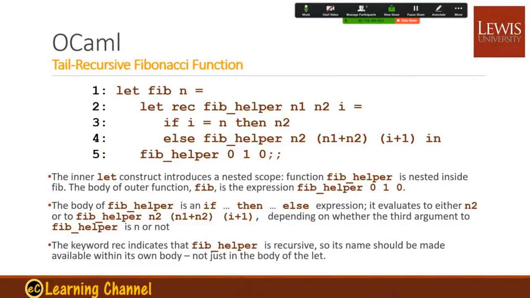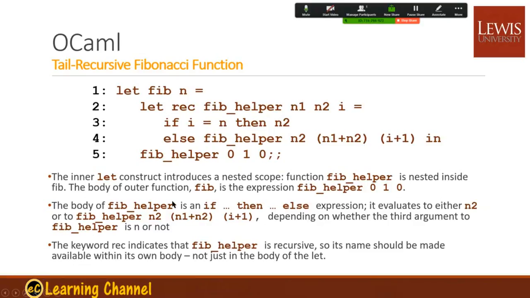Right here we have a tail recursive Fibonacci function written in OCaml. The inner let construct introduces a nested scope. The function fib helper is nested inside fib. The body of the outer function fib is the expression fib helper 0 1 0.